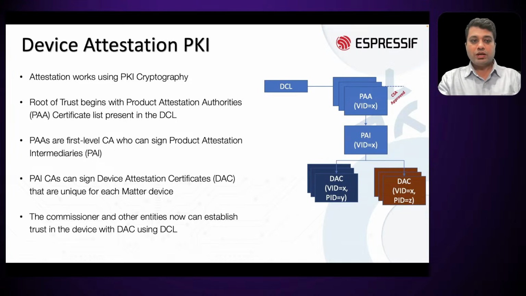So the commissioner now, or any other entity for that matter, can look at a particular DAC and verify the authenticity of the DAC by backtracking this chain and finally looking up in the DCL for the PAA who establishes the root of trust for that certificate chain. This way, the actual device attestation can take place to ensure that this device indeed has a valid certificate which is actually signed by an authentic PAA and then PAI.